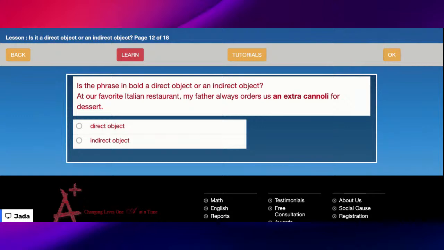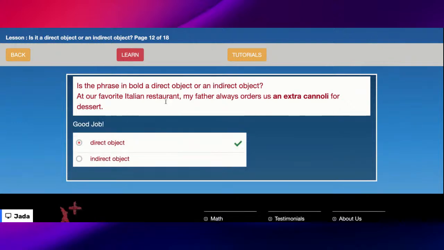What's the right answer here? Okay, so option one.